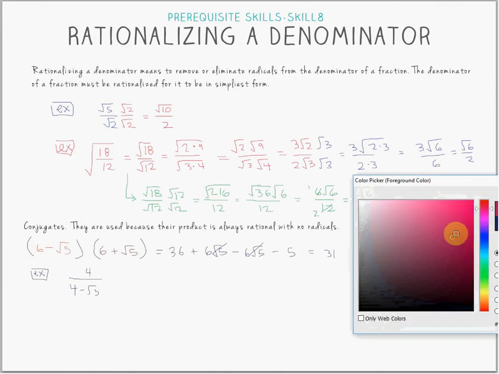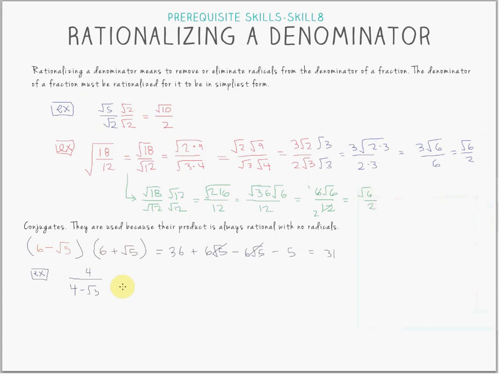So we need to take this, it's a nice purple here, and we need to multiply the top and the bottom by the conjugate. So the conjugate of this would be 4 plus the square root of 3. And here, you still have to do the same thing to the top so that you don't change the value of your fraction. You have to make an equivalent fraction here.